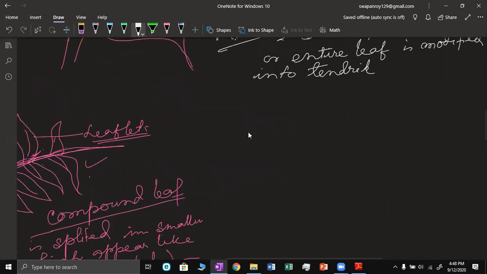If you see this in case of Pisum, say this is the stem, this one is the leaf, and here maybe some leaflets are there.